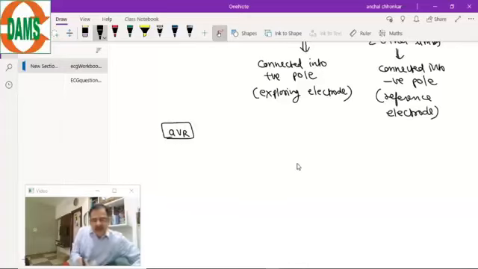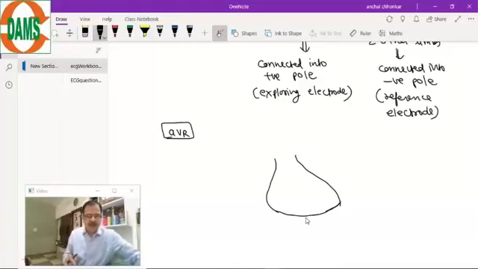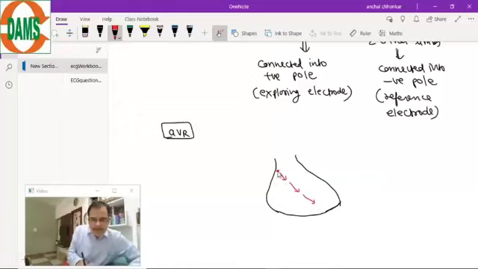Now AVR. This is the heart, a vertical position of the heart. Let me first draw the normal depolarization direction. Normal depolarization direction is from the SA node in the downward direction.